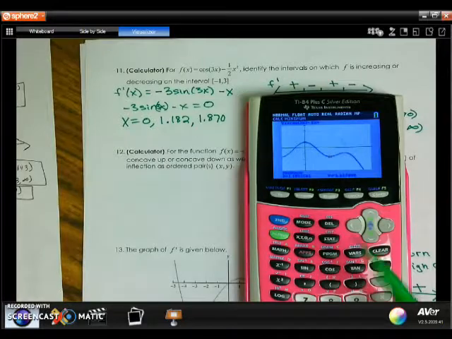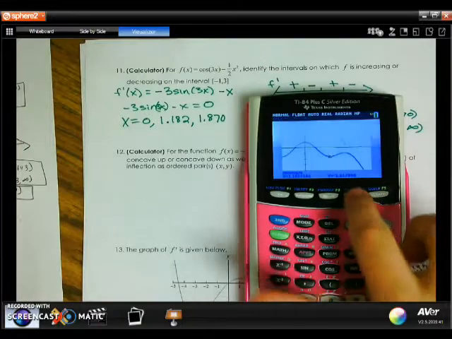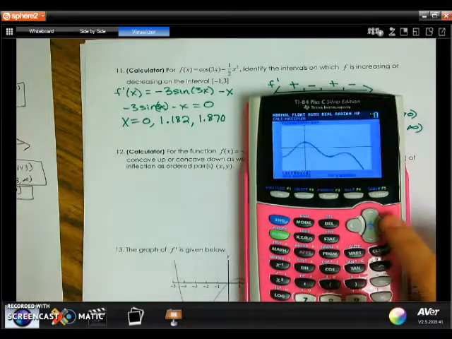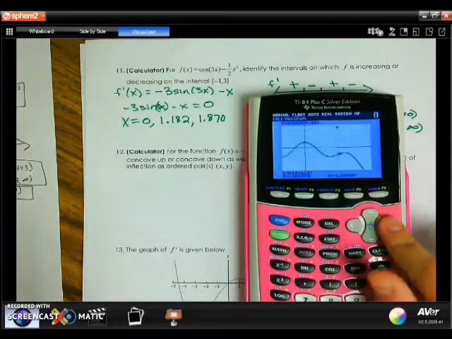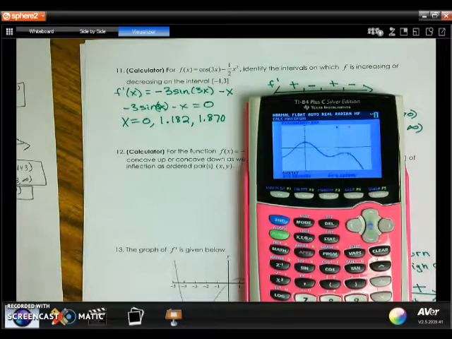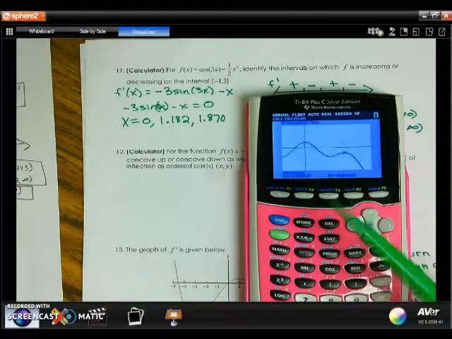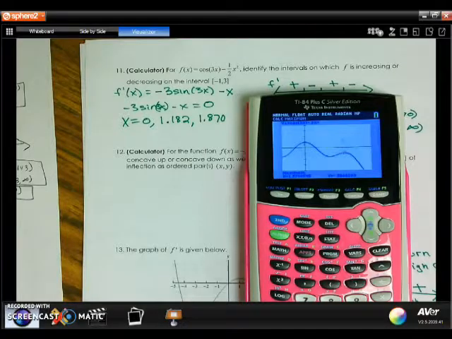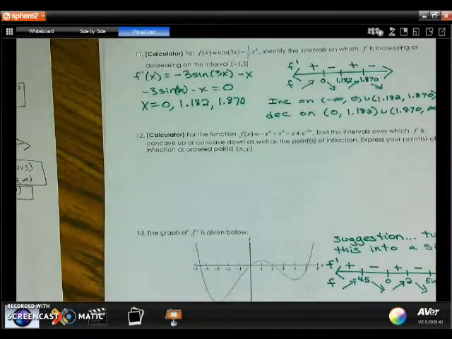Notice that it gives you that same 1.18 that we got previously, and to find the other one you could do second, calc, maximum this time, and go to this peak here, hit enter, and then go to the other side of the peak and hit enter. And again, it gives us that 1.87 number. And again, you could tell right away that at x equals 0, it also has a maximum there. So that's the other way, but I actually prefer the sign chart, and that's what I would recommend that you do.